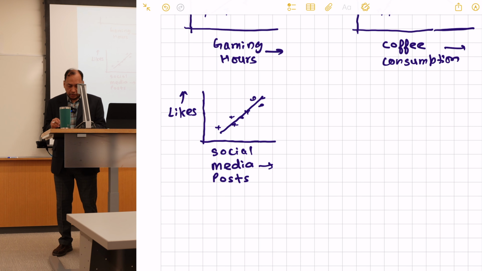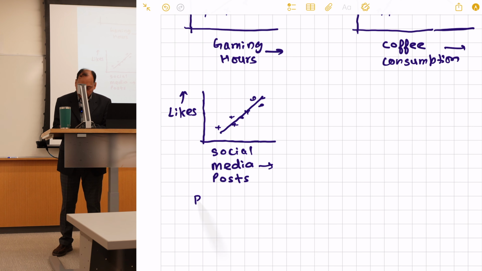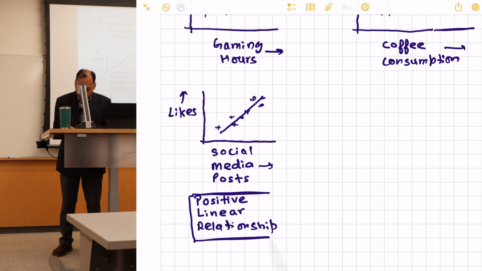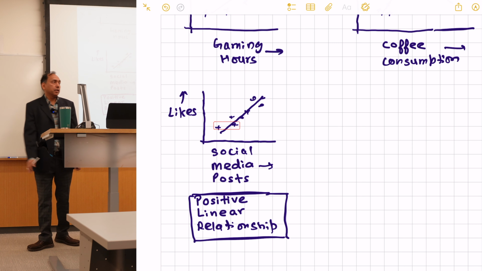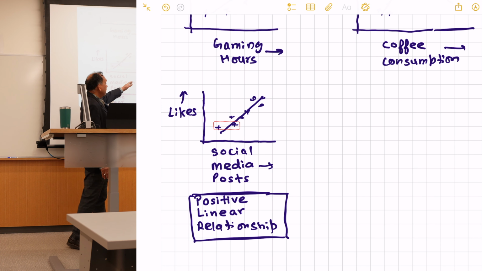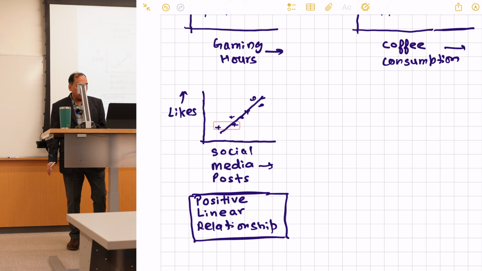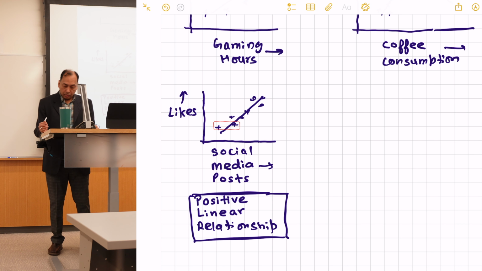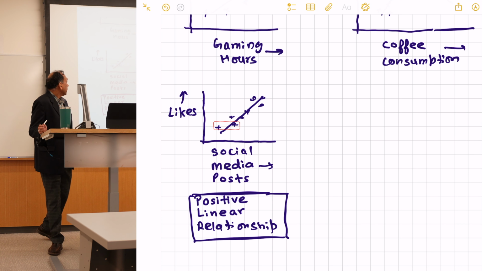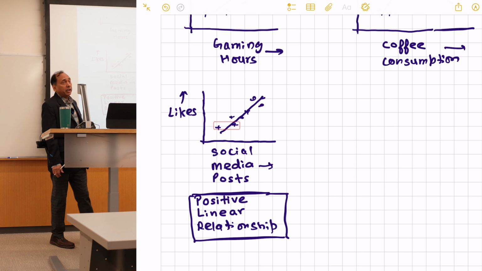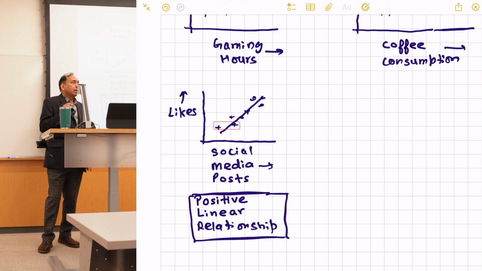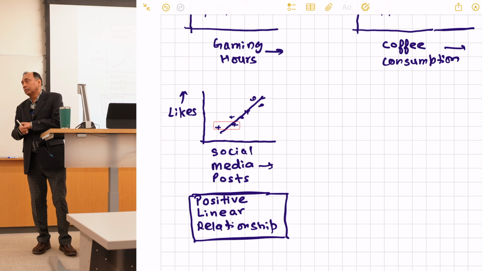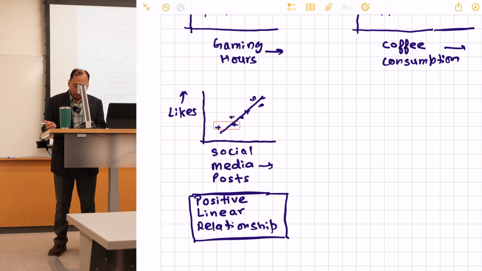This kind of relationship we call positive because the slope is going in the positive direction. One variable increases if the other variable also increases. So that's a positive relationship. Another example of a positive relation can be the number of steps you walk in a day and the number of calories you burn.